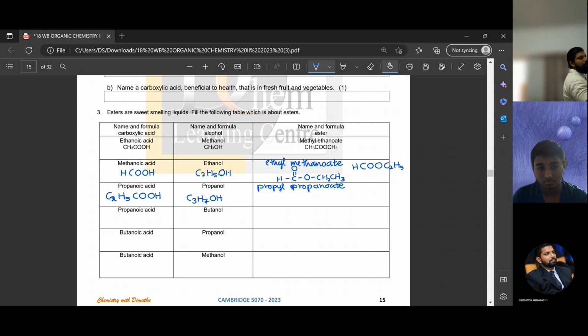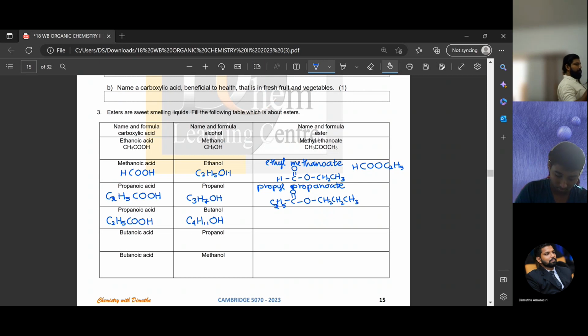Propanoate. C2H5COOCH2CH3. Propanoate. Right? Propanoic acid, again the same thing, C2H5COOH. Butanol is C4H9OH.